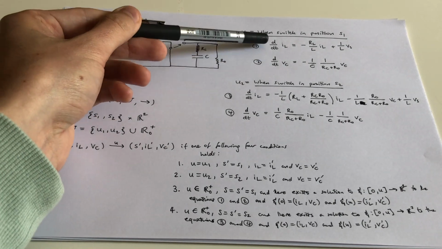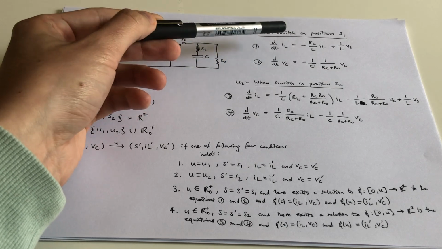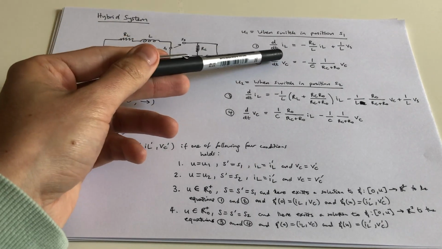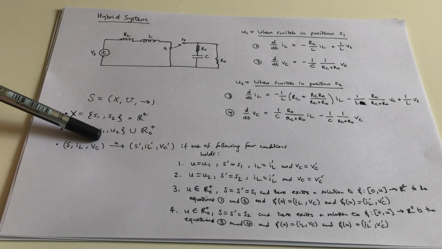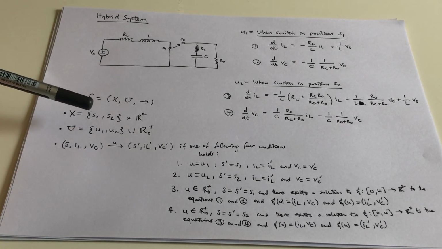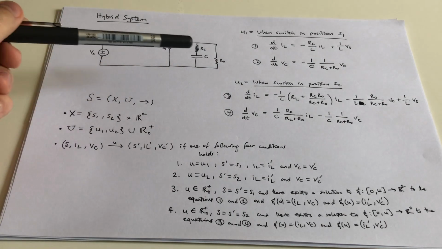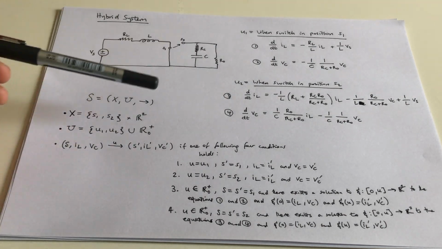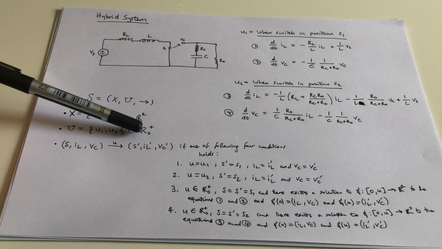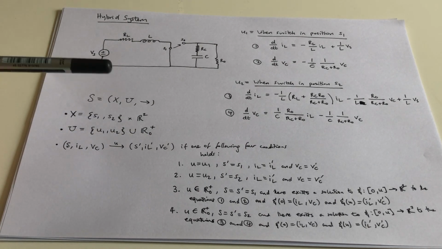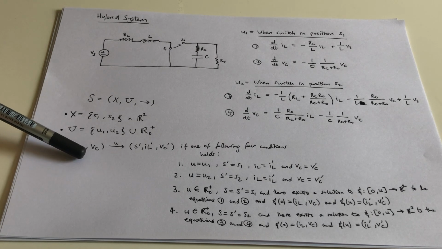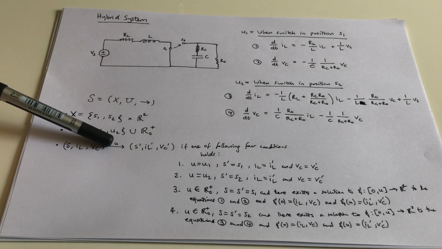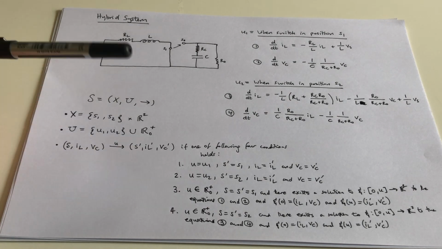So these are our 2 states, I subscript L and V subscript C. For our inputs, we have our 2 discrete inputs, U1 and U2, and then we also have an input for the continuous parts. In this case, that's time, so just positive real time as it's a continuous system. And so we have these transitions where we have the switch location S, and the current I, we have the voltage V_C, with some input U going to some new state.